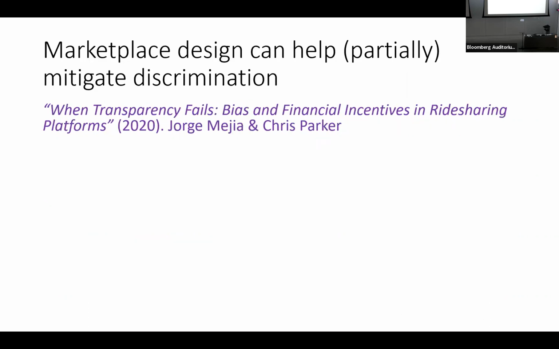And so the question is, what can the platform do about this? There's now a set of papers that have given different design mitigations, and platforms have invested some amount of time and effort in doing the obvious things to mitigate some of these disparities.